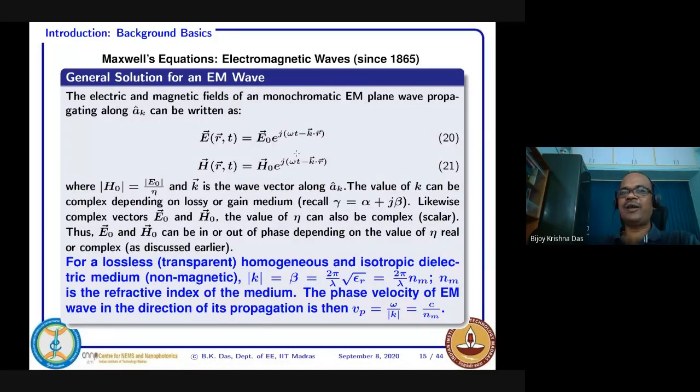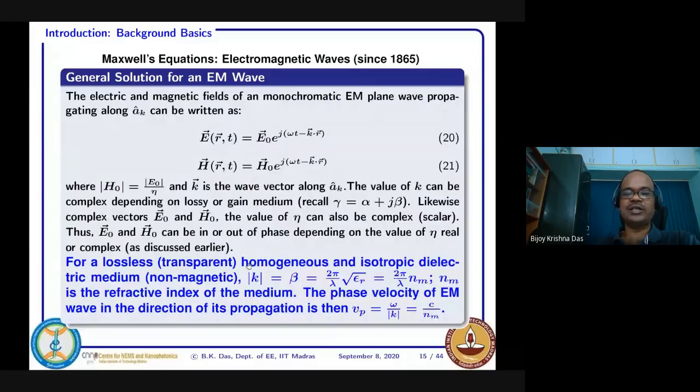You are treating the electromagnetic wave using Maxwell's equation. That is the classical treatment. And you know that electric field can be expressed in volt per meter, magnetic field in ampere per meter, and E cross H is volt times ampere per meter square, which means power, energy flow per unit area, right? So all these things we can get very easily.